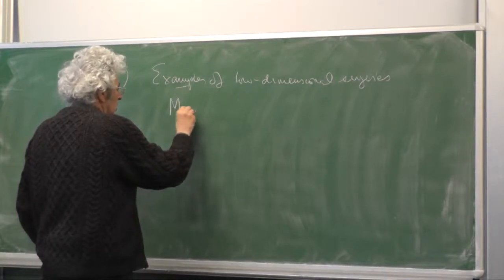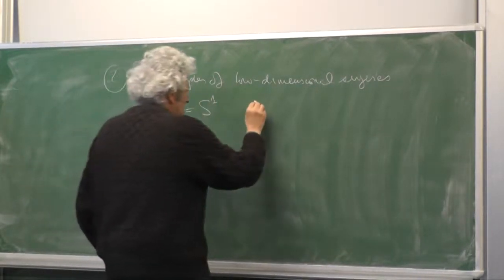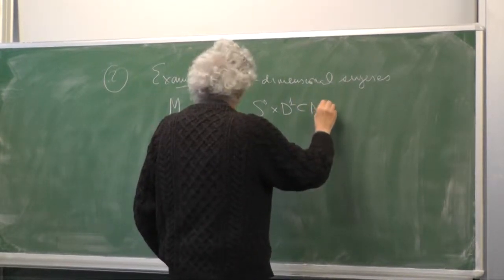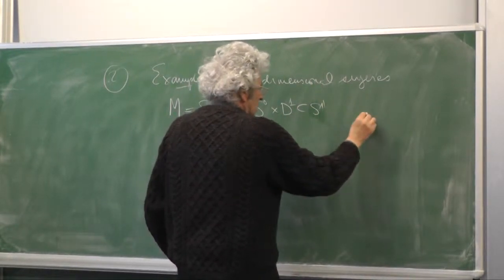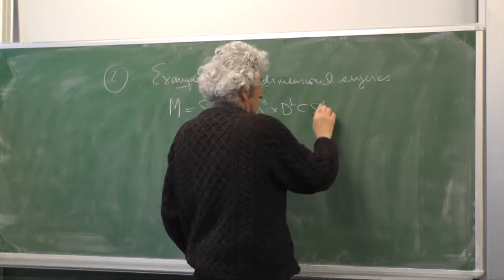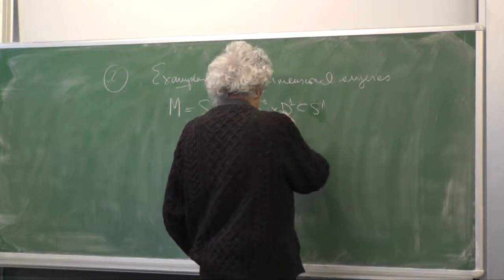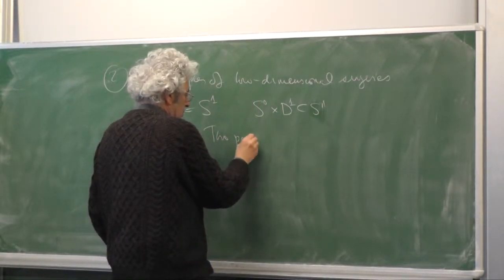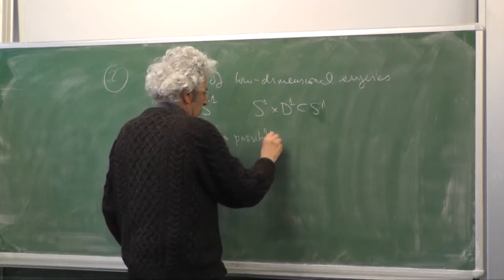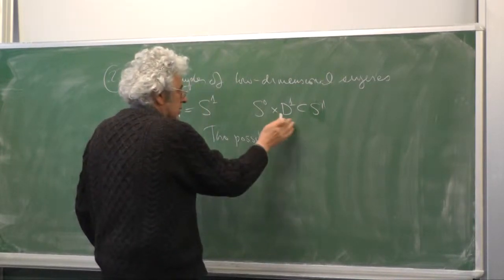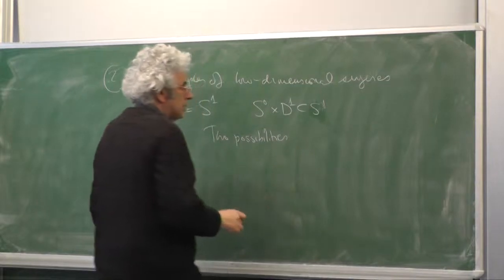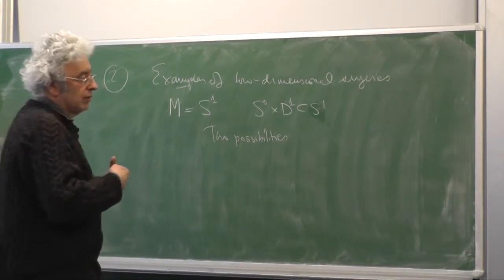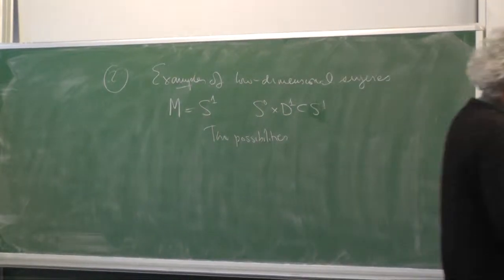Supposing M was S^1, and then S^0 cross D^1 in S^1. So now there are two possibilities. Okay. Surgery, there are two possibilities. What's very important here is these two possibilities are kind of the beginning of the whole difficulty, or the charm, of the whole business.